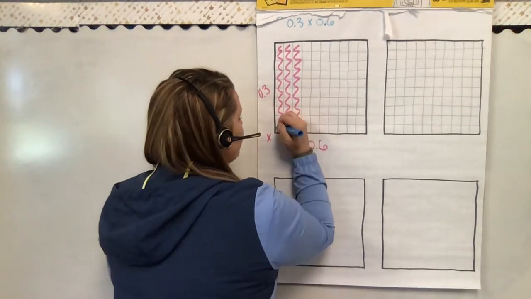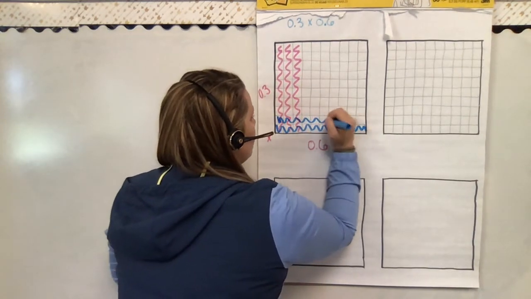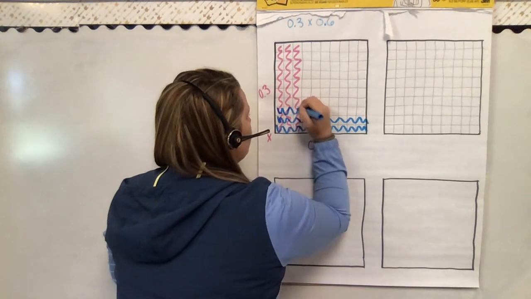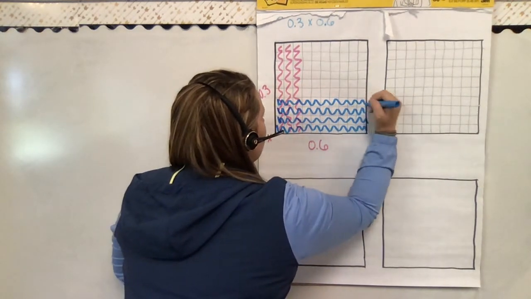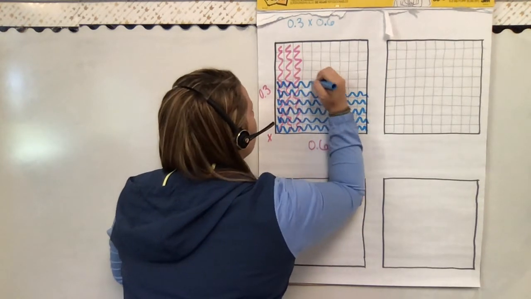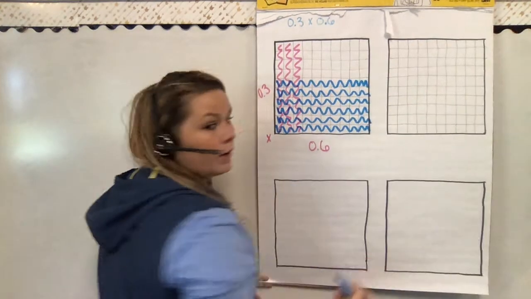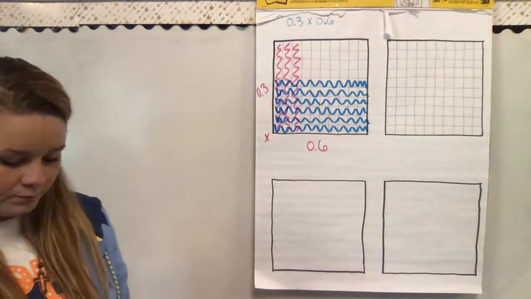So I'm going to say 6 tenths. So I've got 1, 2, 3, 4, 5, and 6. Okay. So there's my model, but how do I know what my product is?